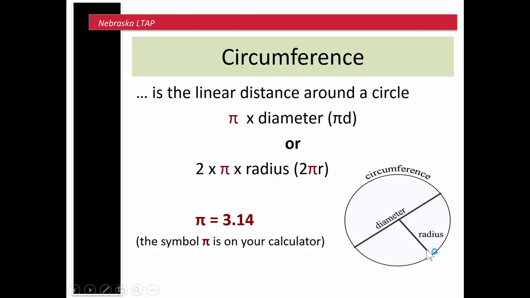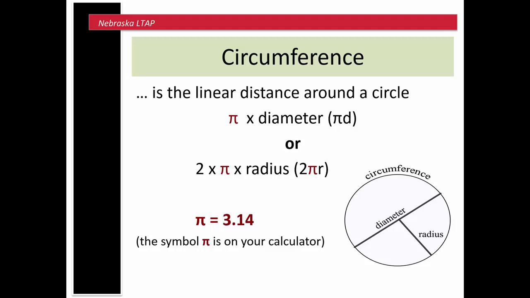So if you're given the radius and somebody asks you for the circumference, if you double it, that's going to give you the diameter, and that will work as well. So I show that here. 2 times the radius times pi will also give you the circumference, or pi times the diameter. Now pi, when you punch it into your calculator, if you've got that in front of you right now, you're going to get a string of numbers, a very long string of numbers.